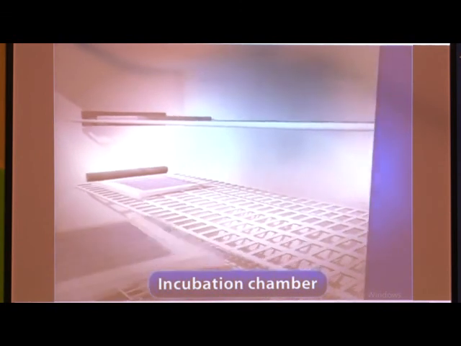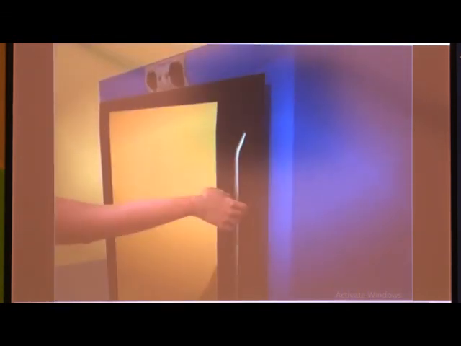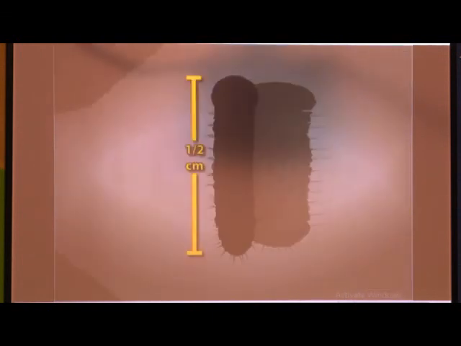These frames are kept in an incubation chamber for about 20 days, where they hatch due to the warmth. After 20 days, egg frames are taken out, kept on a tray and opened. In these 20 days, eggs hatch into about half a centimeter long black larvae.